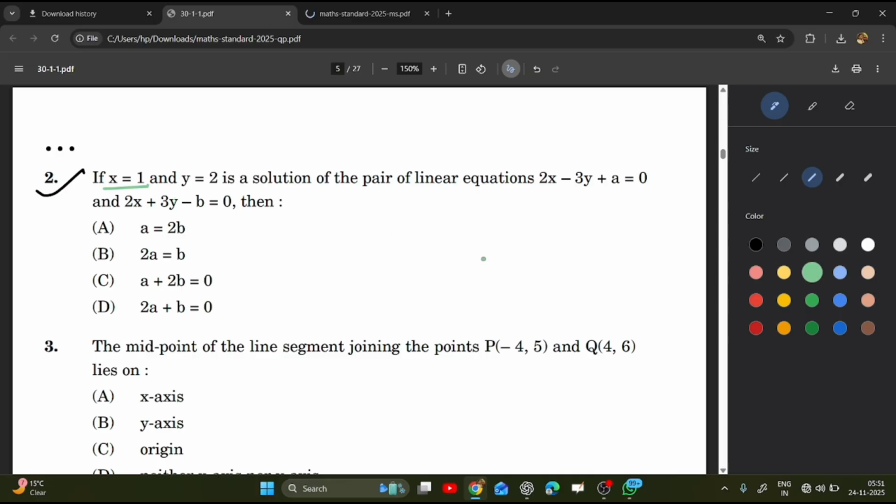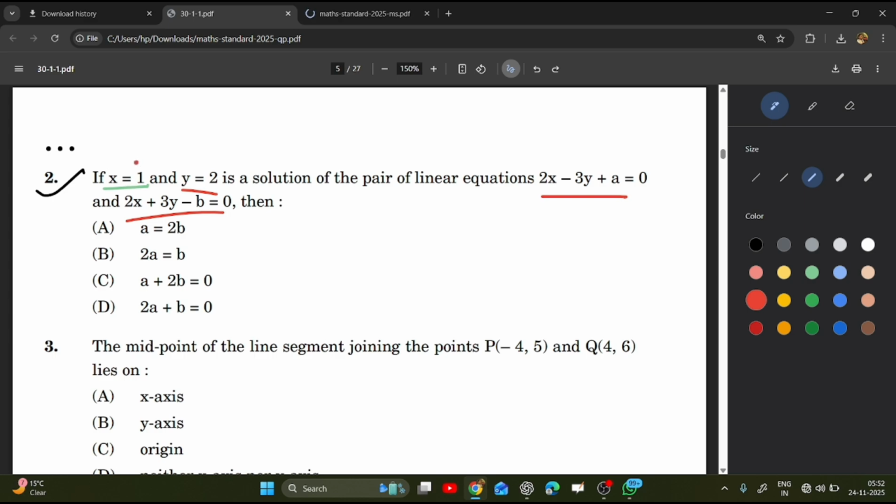If x is equal to 1 and y is equal to 2 is a solution of the pair of linear equations, then we have to find the relation between a and b here. To find the relation between a and b, we need the value of a and b.